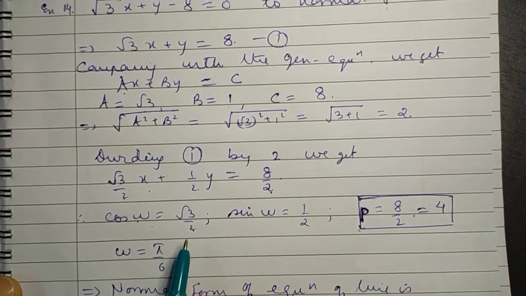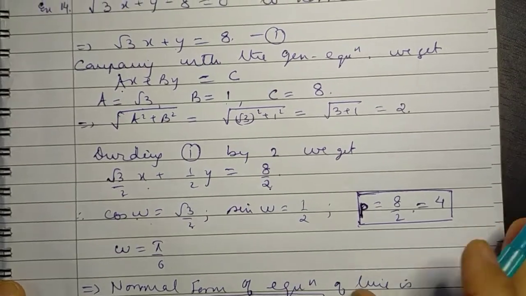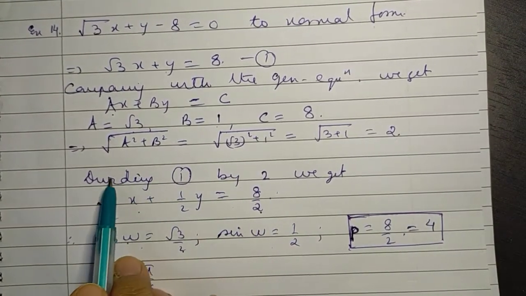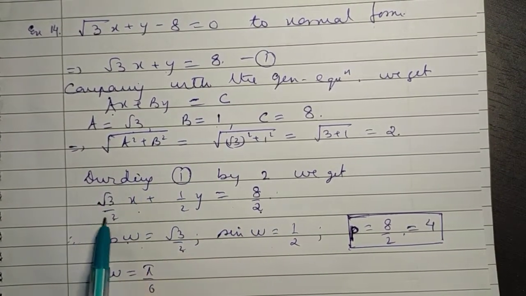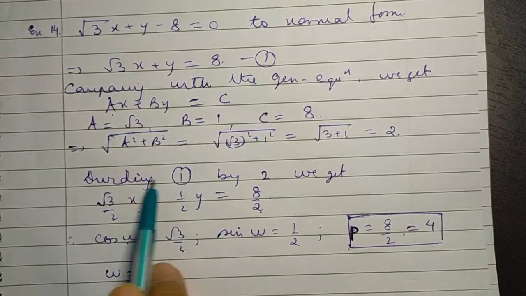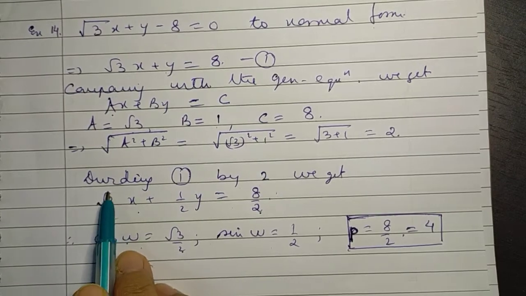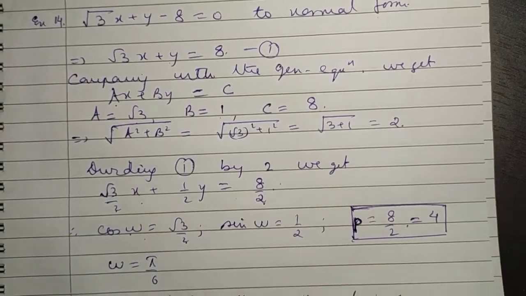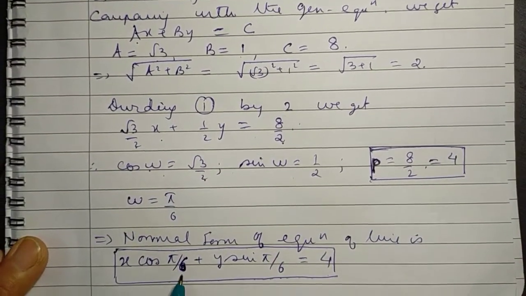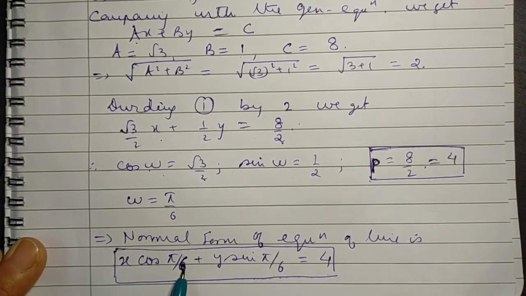Now the normal form of the equation of the line is actually this part which we have done, by dividing the whole equation by square root of a squared plus b squared. Now in place of this you will write cos omega, and omega is pi by 6, so you get x cos omega.